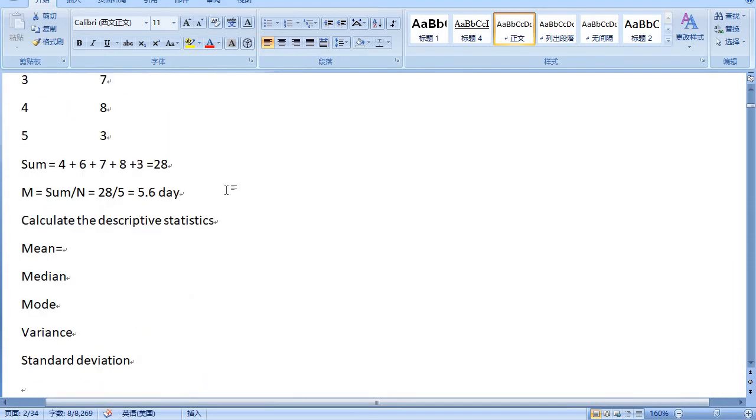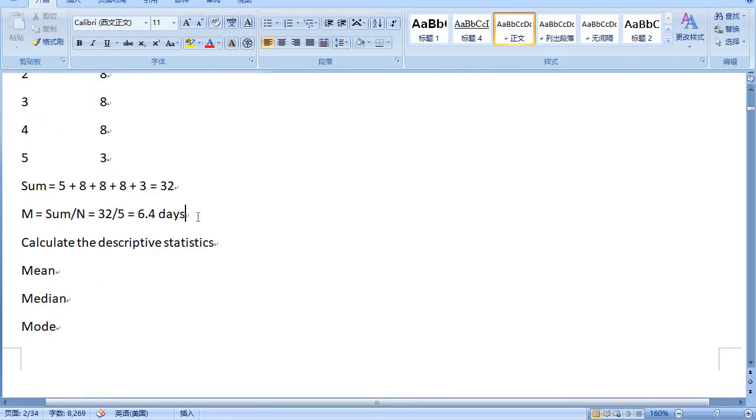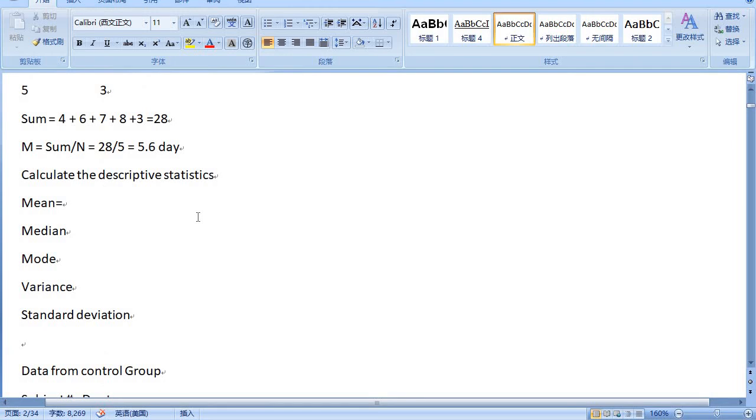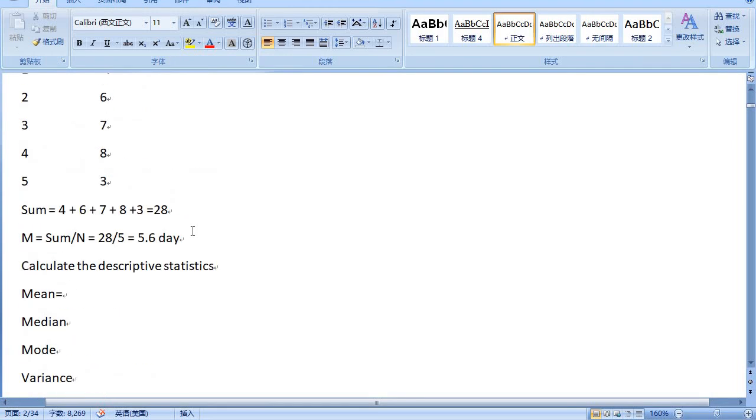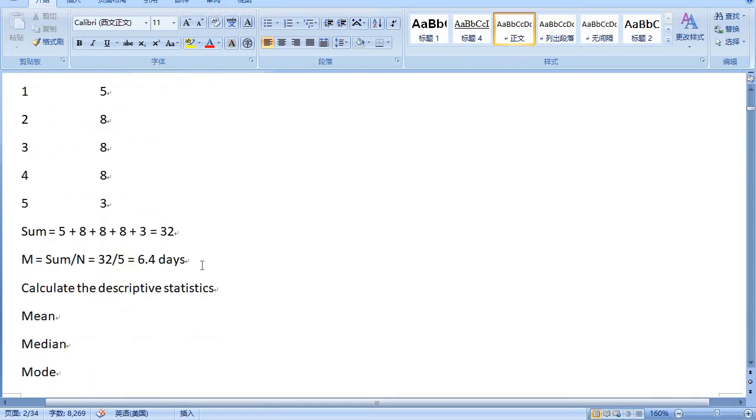So I'm taking the evidence as showing that the placebo group took 6.4 days to recover, but the real drug group only took 5.6 days to recover. There's a difference of about 0.8 days, less than a day.